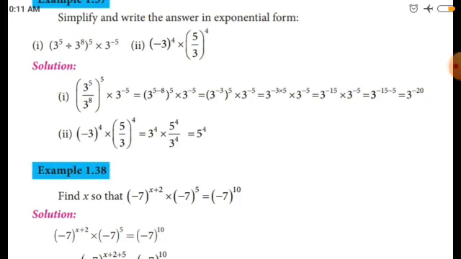3 to the power 5 into 3 to the power 5 divided by 3 to the power 8, whole to the power 5, into 3 to the power minus 5, is equal to 3 to the power 5 into 3 to the power minus 8, whole to the power 5, into 3 to the power minus 5. Changing to equal bases, 3 to the power 5 minus 8 is 3 to the power minus 3, whole to the power 5, into 3 to the power minus 5.